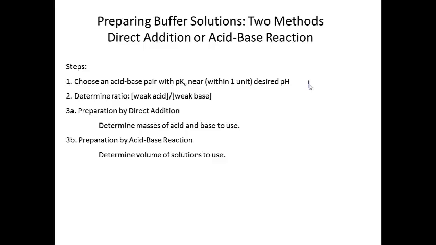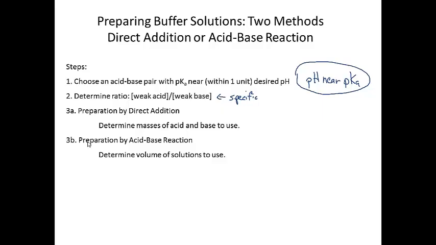So remember, for all buffers, pH is near the pKa of the weak acid of the acid-base conjugate pair. And so you need to pick an acid-base pair that has a pKa close to the pH you want. Then you determine the ratio of the acid to the base needed. That is the specific ratio of the weak acid to weak base you need for your particular pH.